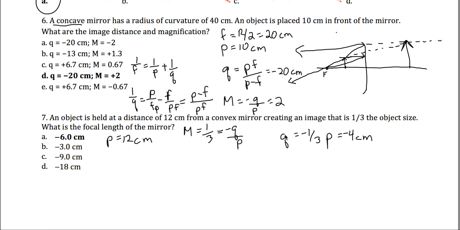And the reason we want q is because once we have p and q, we can find f using that thin lens equation. So this time we solve for f.